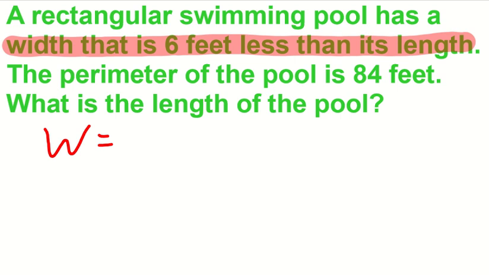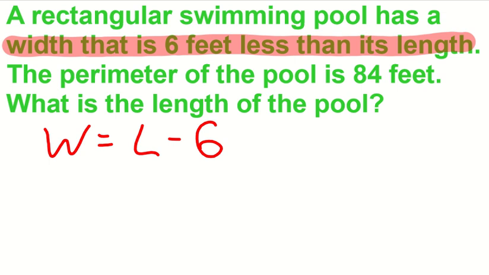When it says 6 feet less than the length, is that 6 minus the length or the length minus 6? It should be the length minus 6. If I have $10 and you have $6 less than me, you don't do 6 minus 10, you do 10 minus 6, right? So since it's 6 less than the length, you do length minus 6. All right, so there's our first equation.